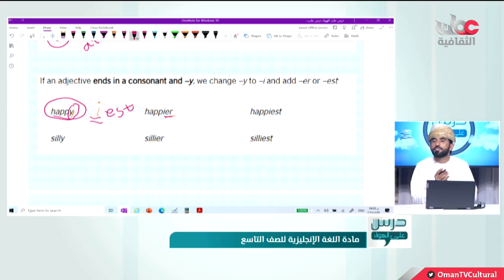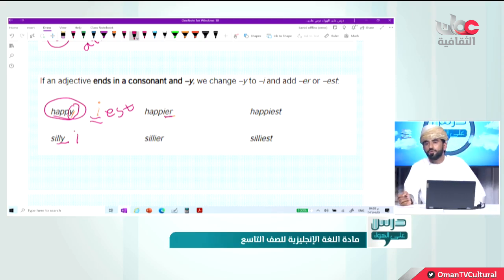Okay, who can explain to me for the word silly? Adjective silly. Again, this silly is an adjective. Ends with what? With Y, exactly. What should we do here? Group A, thank you so much. Excellent, yes. We should replace the Y with I, exactly.